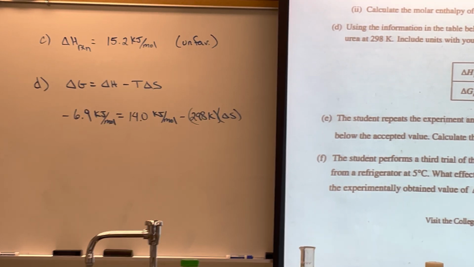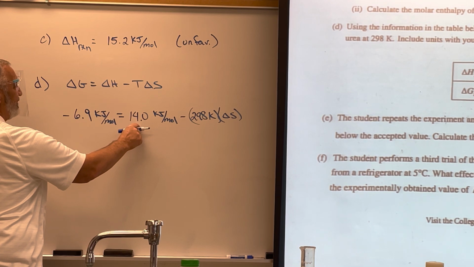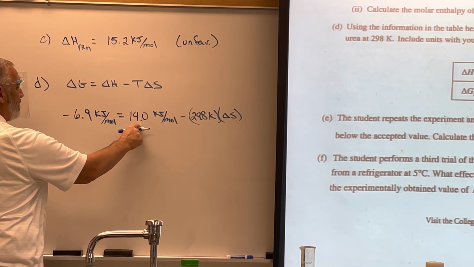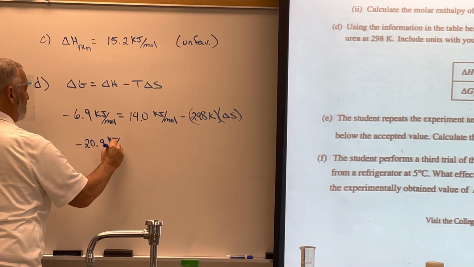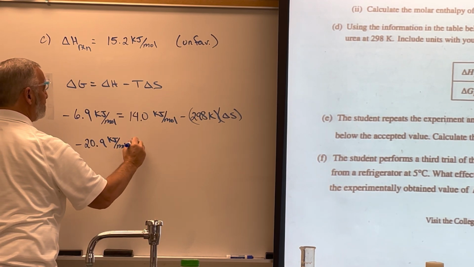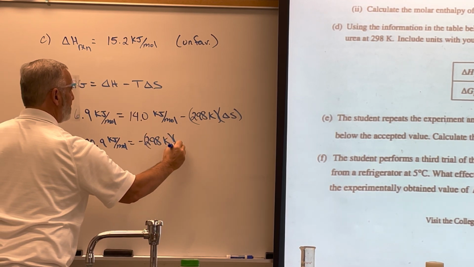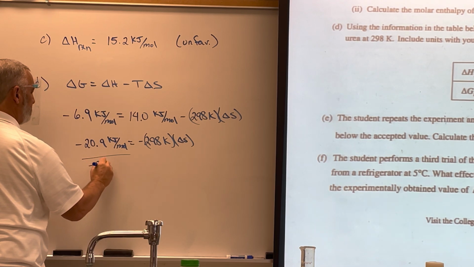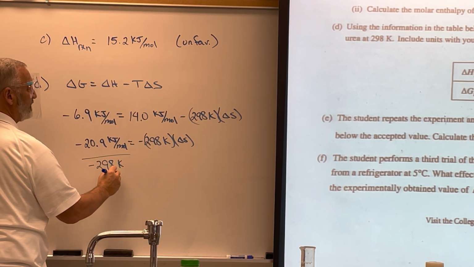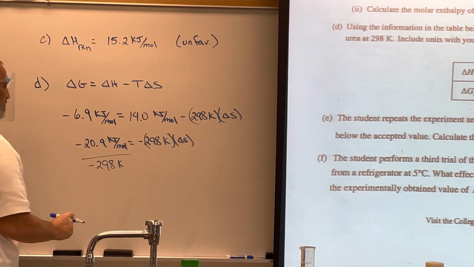So, we subtract 14 here, we're going to get negative 20.9, which is equal to negative 298 K times delta S. So divide by negative 298. 0.07.